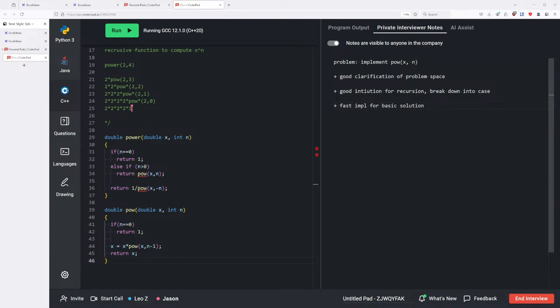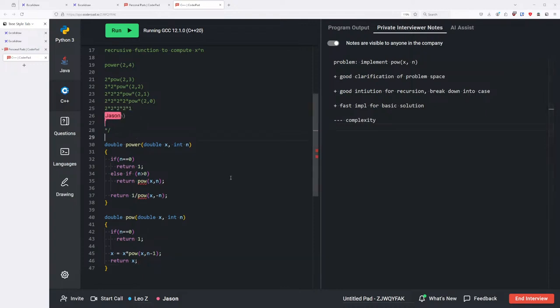Let's talk a little bit about the time and space complexity for the solution. I think time complexity wise, because at every recursive call we're just subtracting n by 1 all the way to 0, it will be O(n).